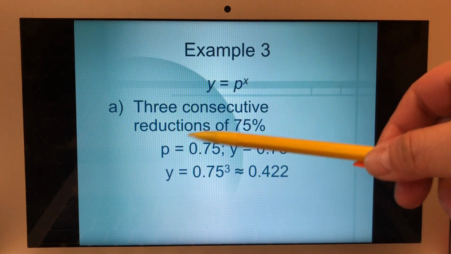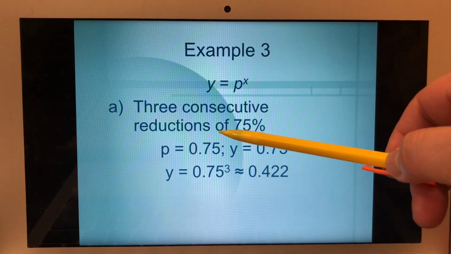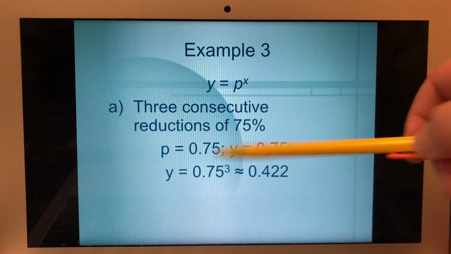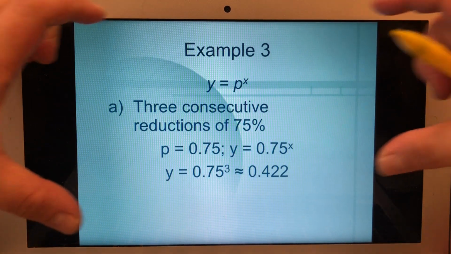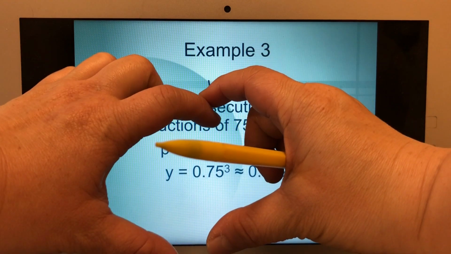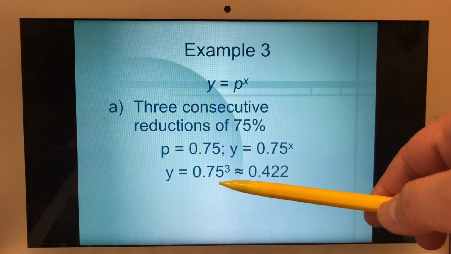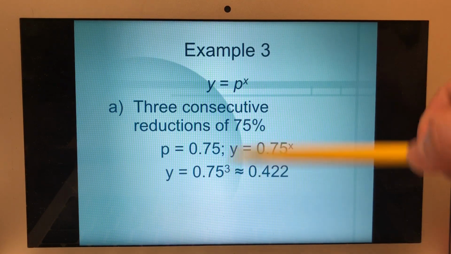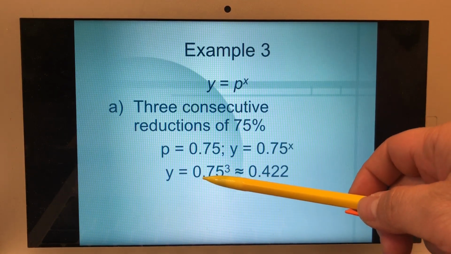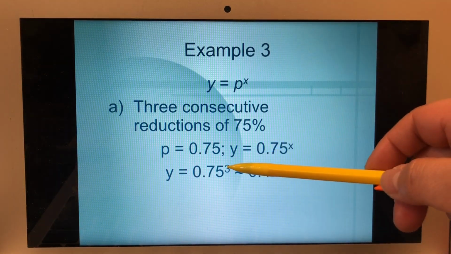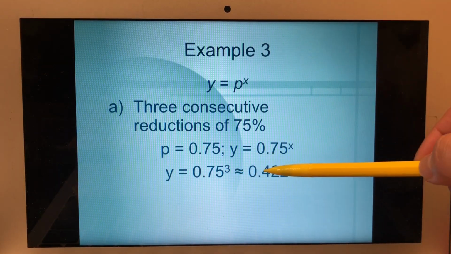Now, it says 3 consecutive reductions, that means the x is going to be 3. You're making the picture smaller and smaller and smaller 3 times in a row. And so you got to find out, what is that 75%? So 0.75, that's the percentage, and reduced 3 times is the x.